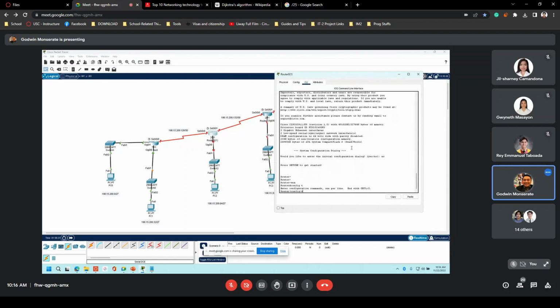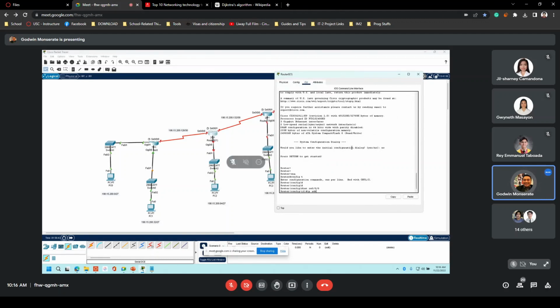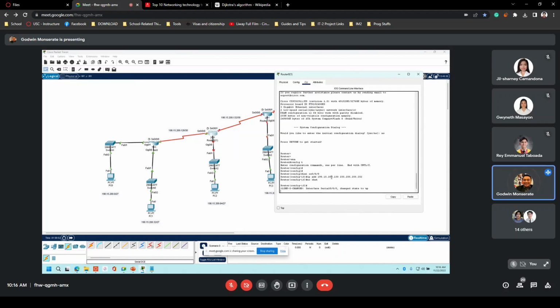Enable, config t, int se0/0/0, ip add 198.15.200.130 255.255.255.252, enter, no shut.